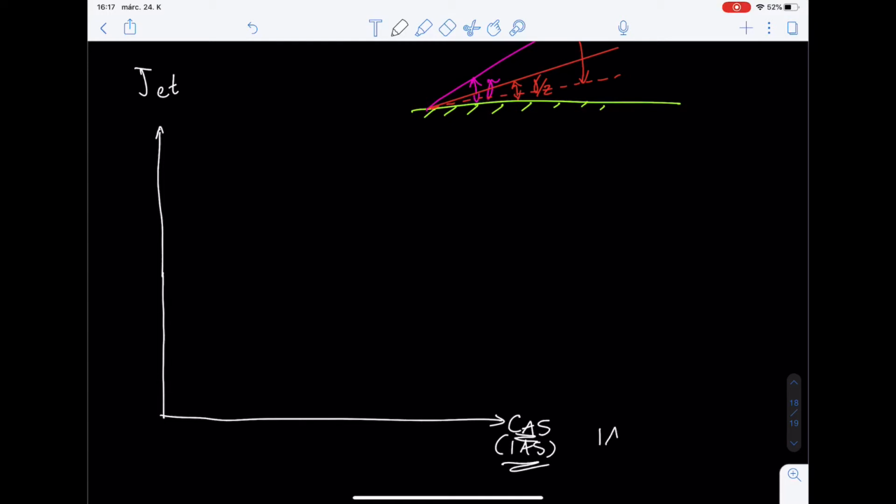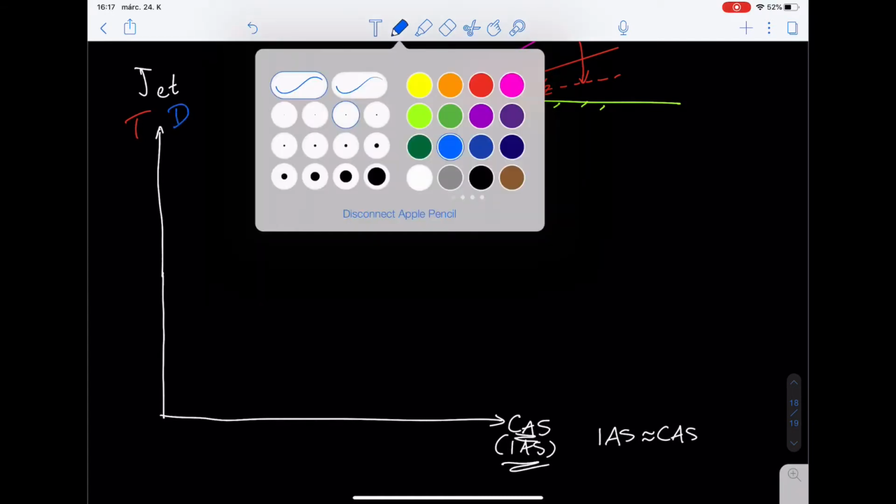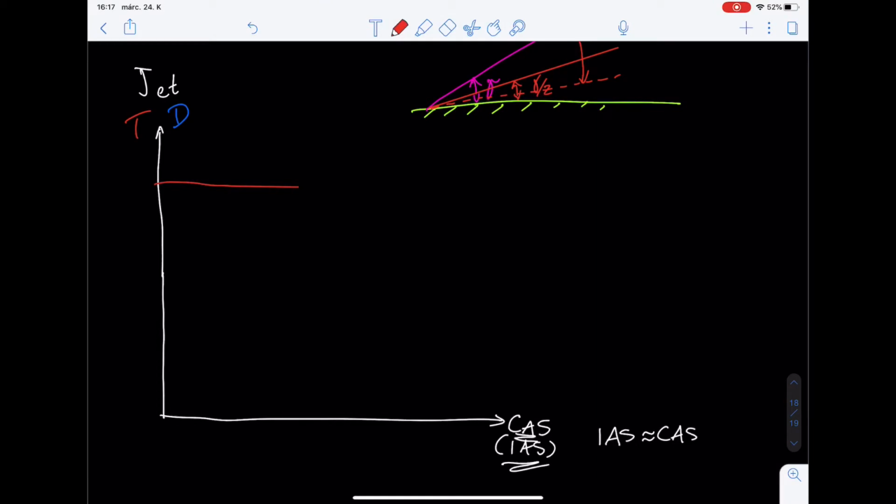For this discussion, we can presume them to be pretty much the same, as they serve the same purpose. Here we have the thrust and the drag of the aircraft, and right here the thrust when both engines are operating. So we're going to say twin-engine jet and single engine failure.